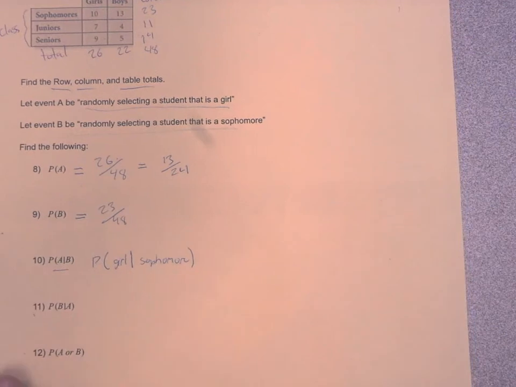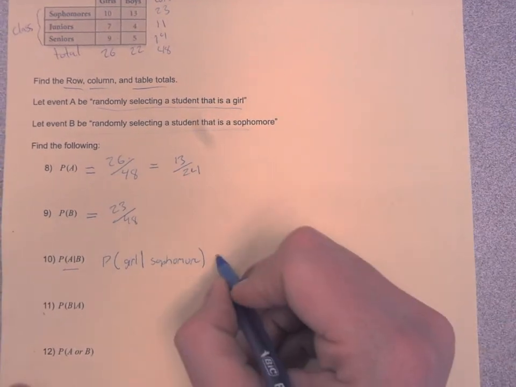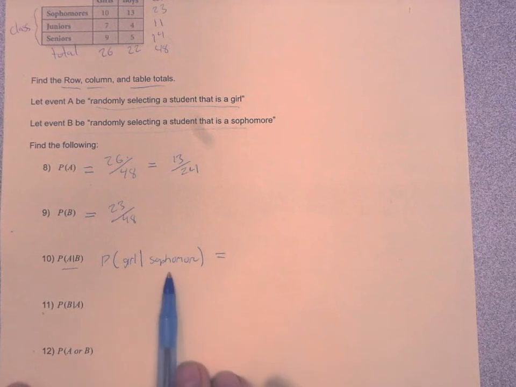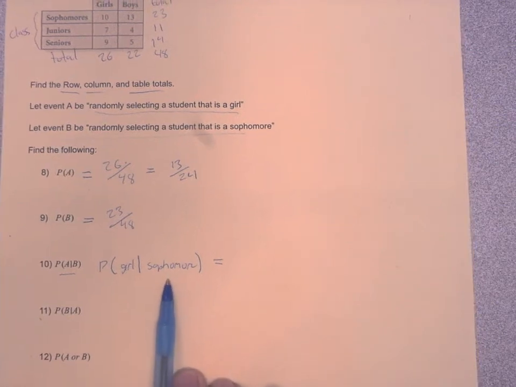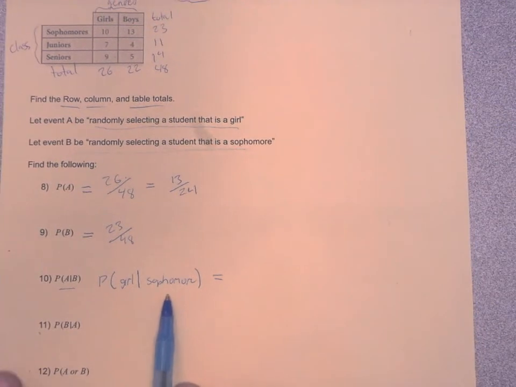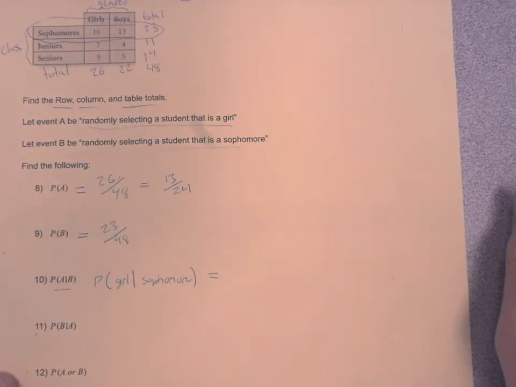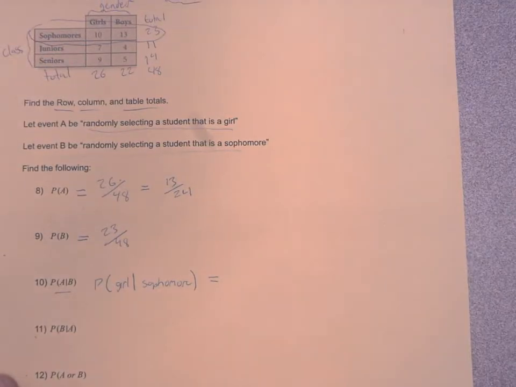This actually changes the sample space, right? If you're assuming that the girl is a sophomore, you don't have to consider any students that aren't sophomores. So this assuming sophomore basically narrows your focus to only looking at this row of the table. How many girls are there to choose from in this row?